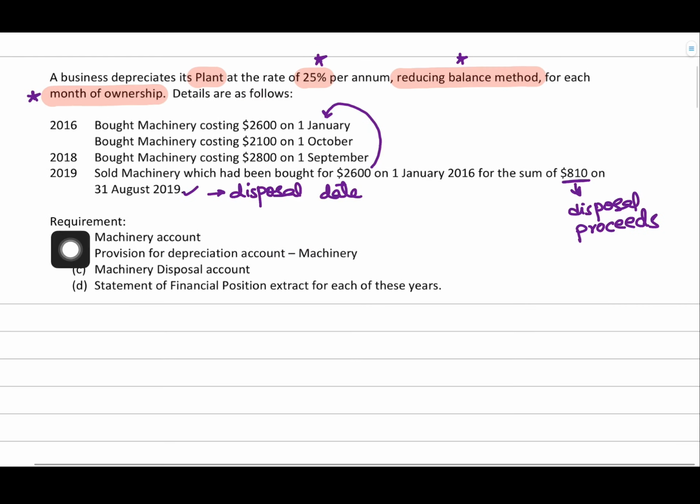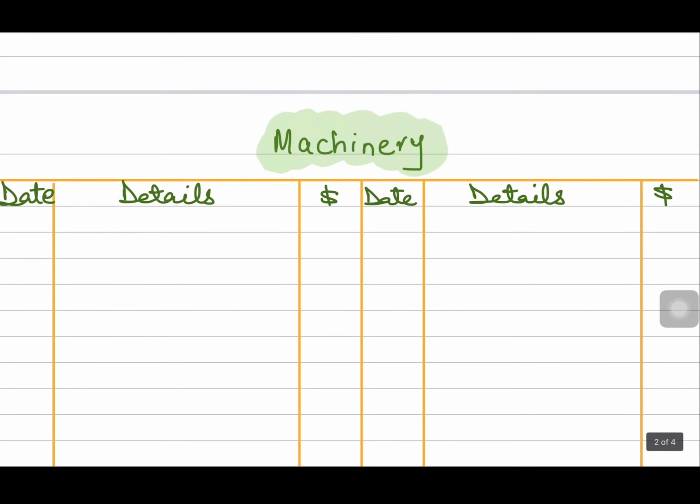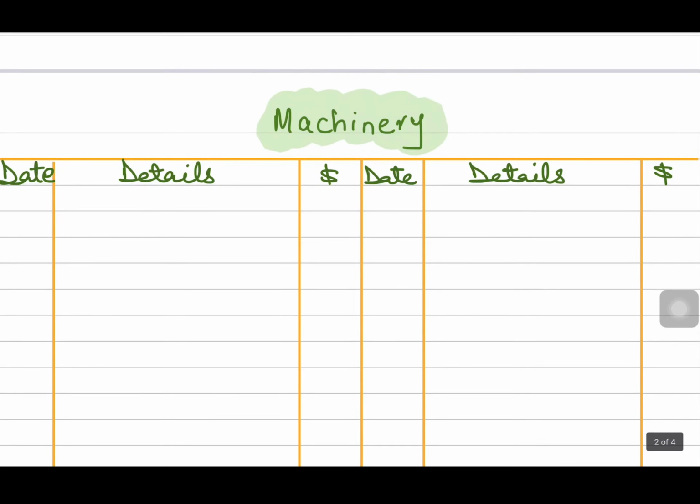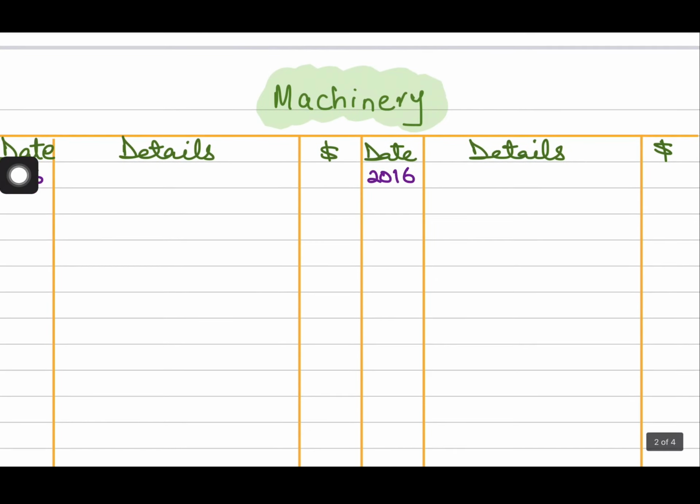The requirement is to prepare machinery account, provision for depreciation account of machinery, machinery disposal account, okay, very good, and statement of financial position extract for each of these years. Okay, so first of all, let's prepare the machinery cost account, right? First year is year 2016, there is no brought down. So the purchases in 2016, 2600 on 1st of January. Very good.